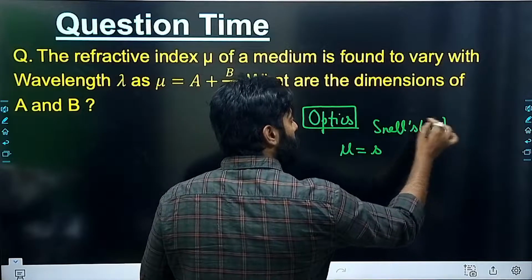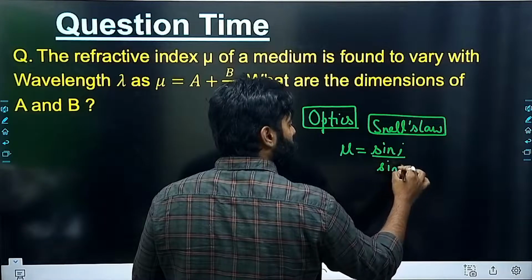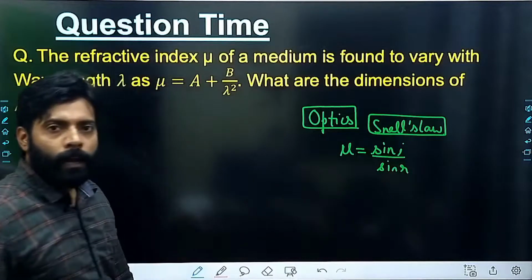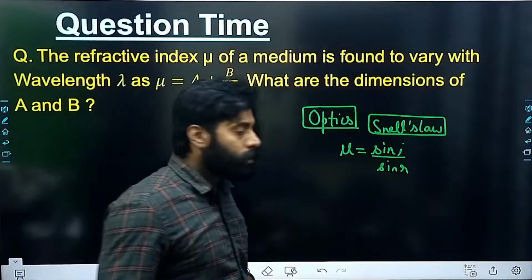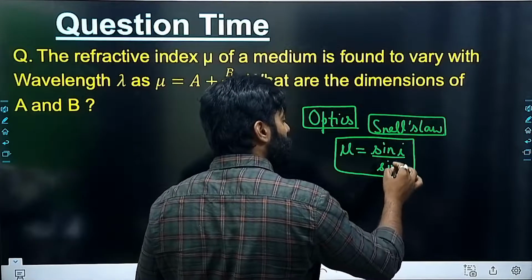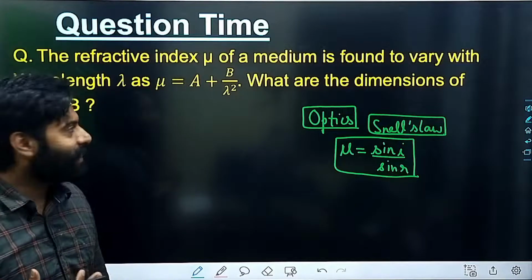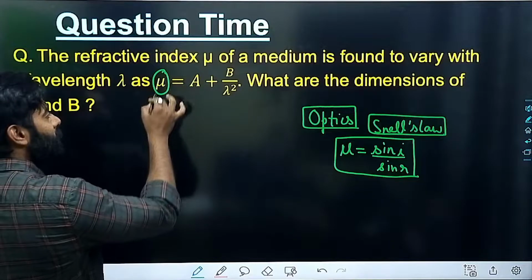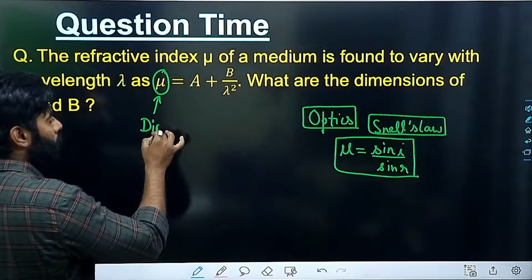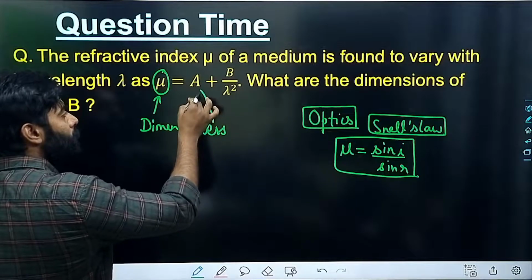Snell's law says that refractive index is a ratio of sin i by sin r, and both of these have no dimensions. So you can easily say that this is dimensionless.